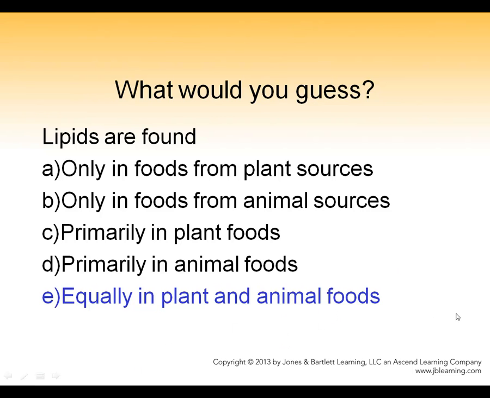So the answer is lipids are found, you might think, equally in plant and animal foods, because I mentioned a lot of plants, I mentioned a lot of animals.